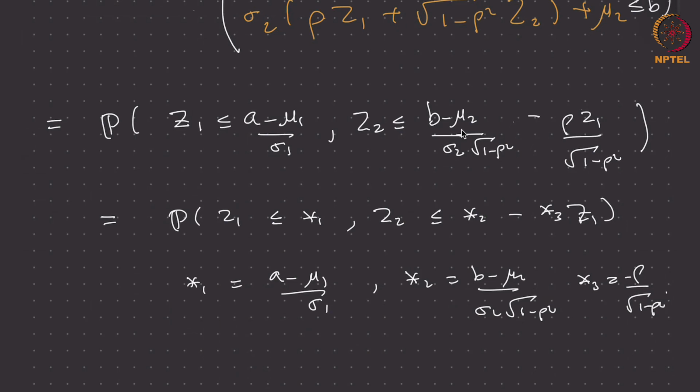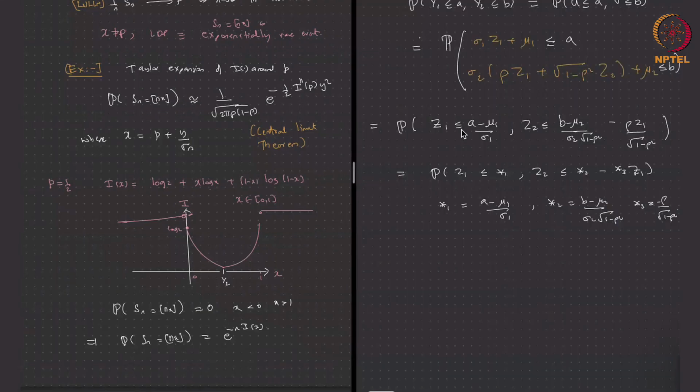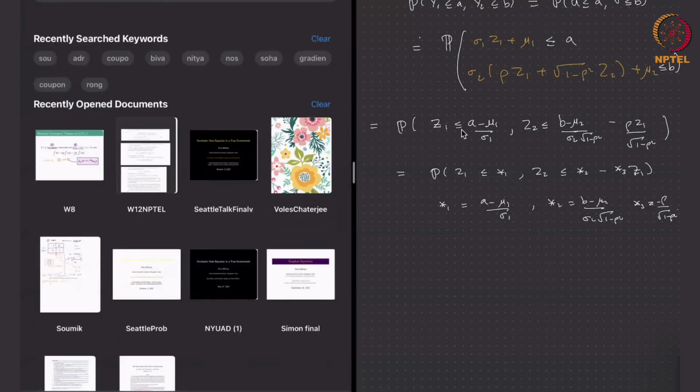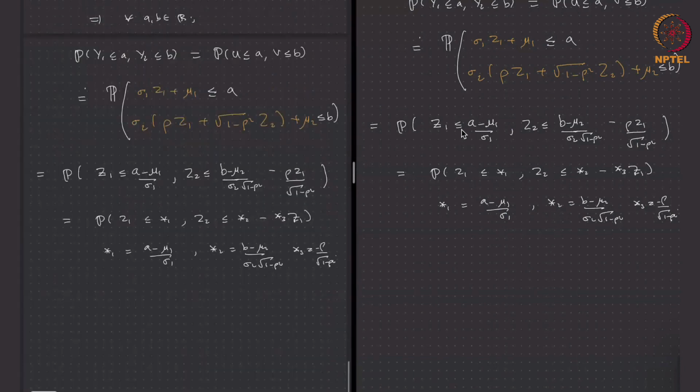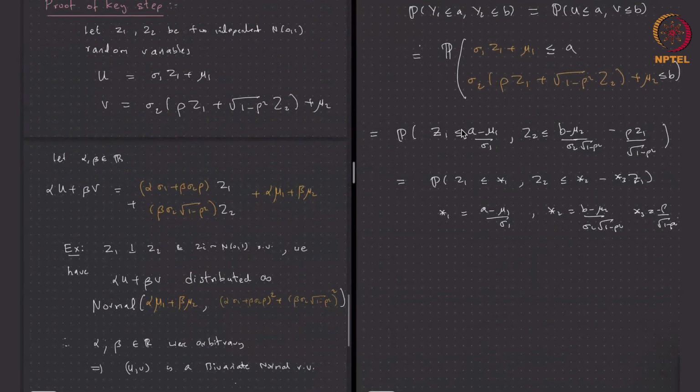So let me just recap a little bit. Open a new window. Let me go back here. The key trick in this whole calculation was defining these new random variables u and v. Because once I defined that, then it's just linear algebra. I just have to look at alpha u plus beta v. They were linear combinations of z1 and z2 plus a constant.